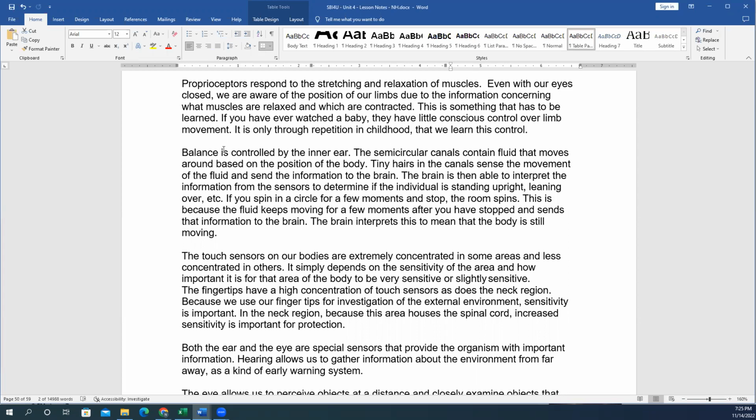And because we use our fingertips to do so many tasks and even investigate our external environment for that sense of touch, the sensations coming from our fingertips are very important. In the neck region, because this area contains the spinal cord, it's important for it to have this increased sensitivity for that feeling of wanting to have that protection.